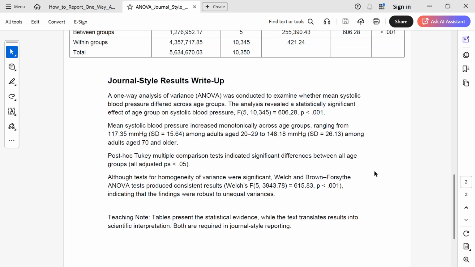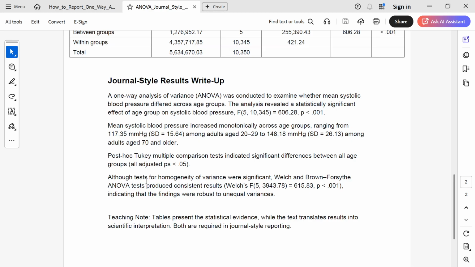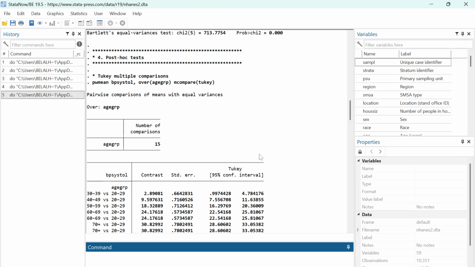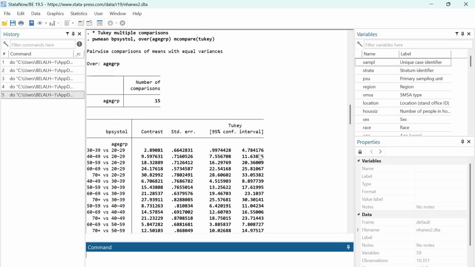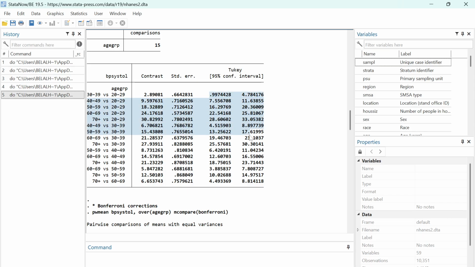So that says where the differences are, right? The differences are everywhere. All age groups are different from each other, and we have the probability of 0.05. And I have shown you the test results for the post-hoc test, for both Tukey tests, and in the last two columns, none of them include zero.